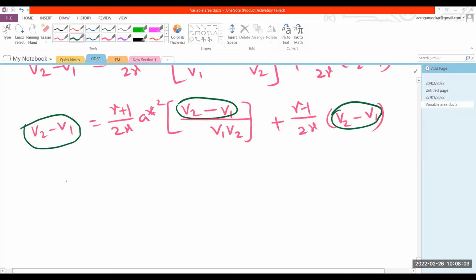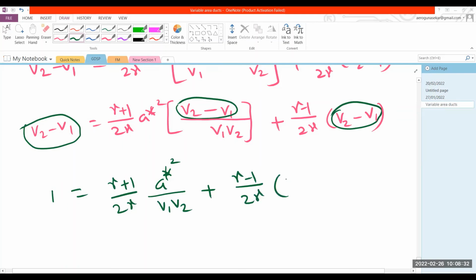If I cancel it out, the remaining will be: 1 equals (gamma plus 1) by 2 into gamma into A star square by V1 V2, plus (gamma minus 1) by 2 into gamma. V2 minus V1 got cancelled, so we also have 1, that's all.